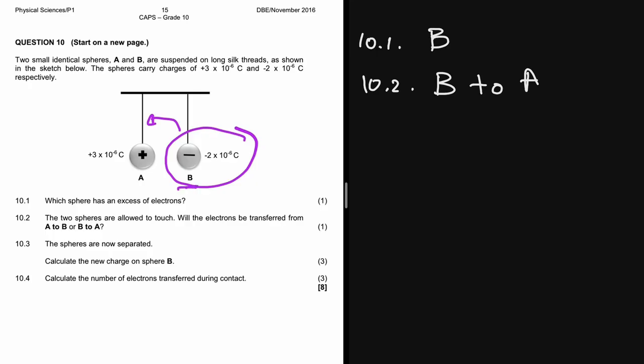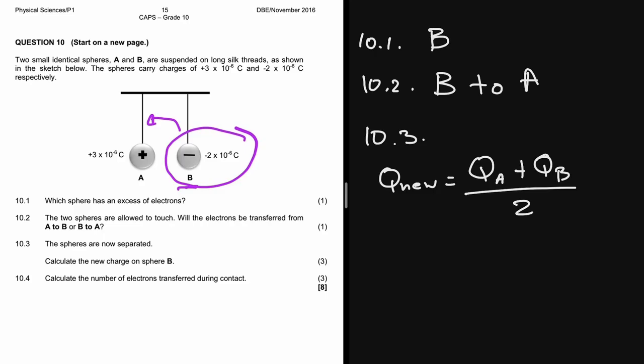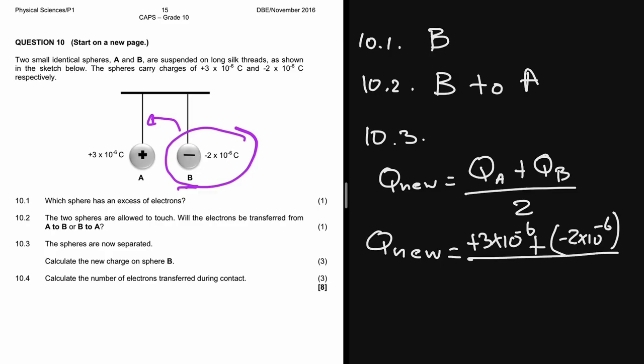So the next question, which is 10.3, says now the spheres are separated. Calculate the new charge. Remember, when the spheres come together and then get separated, the new charge is equal to the charge of A plus the charge of B, all divided by 2. So we substitute the charges with their signs: the charge of A is positive 3 times 10 to the power of negative 6, plus the charge of B, which is negative 2 times 10 to the power of negative 6, and all this divided by 2.